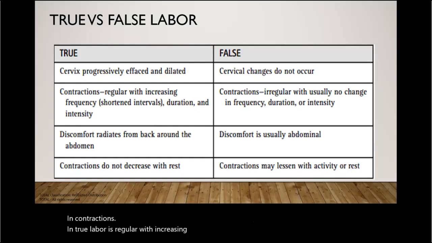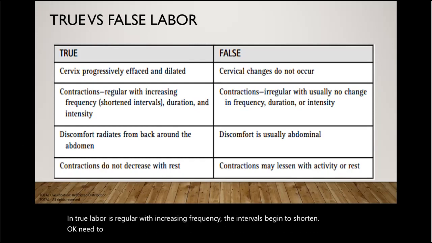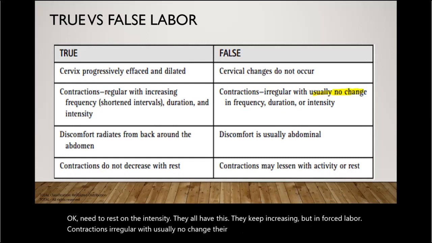The intervals begin to shorten. The duration and the intensity keep increasing. But in false labor, contractions are irregular with usually no change. There is no change in frequency, duration, or intensity.